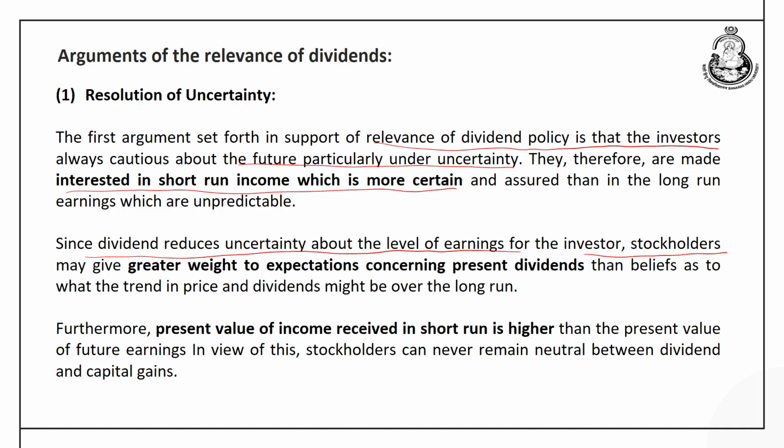And the third thing, which is related to the resolution of uncertainty, is the belief that the present value of income received in the short run is always higher than the present value of income received somewhere down the line. So, in view of this, a stockholder can never remain neutral or indifferent between the dividend and the capital gain.